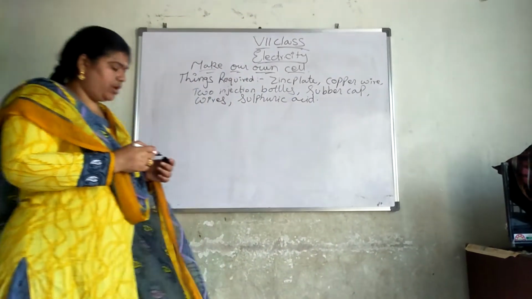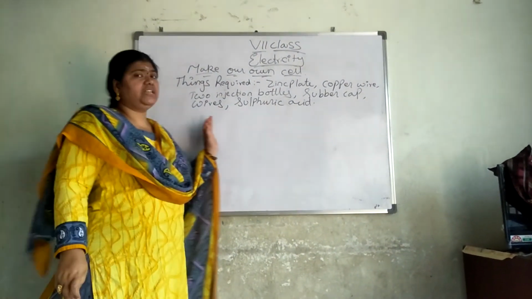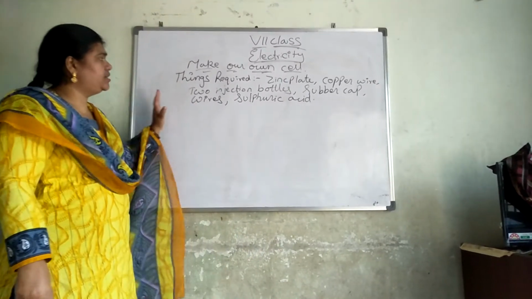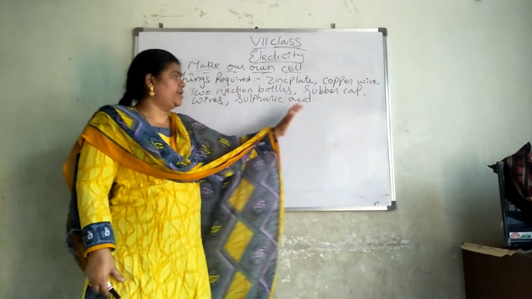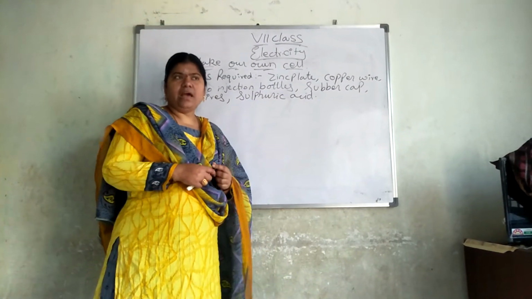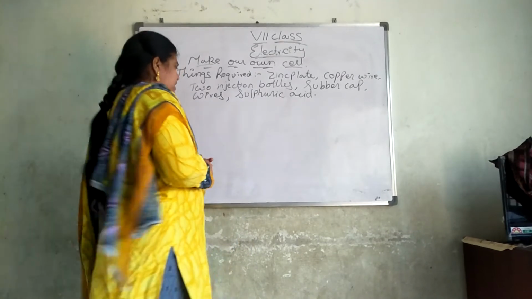Please see here, what are the things required? The things required to make our own cell are zinc plate, copper wire, two injection bottles, rubber cap, wires and sulfuric acid. Now what we have to do, listen carefully.